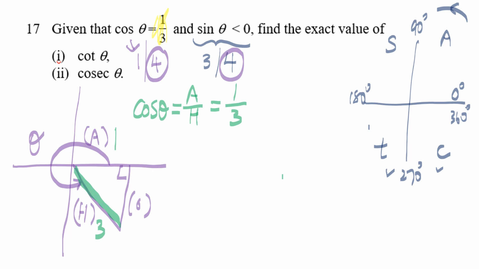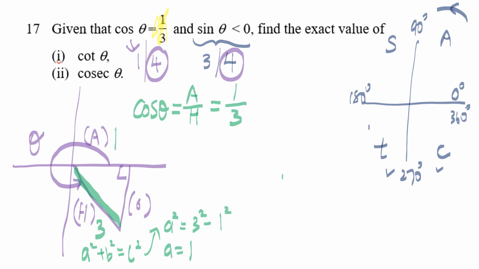Okay, so we need to use Pythagoras' theorem to find the opposite side, right? That will be a squared plus b squared equals c squared. If you let the opposite side be the letter a, then c squared is 3 squared minus 1 squared.